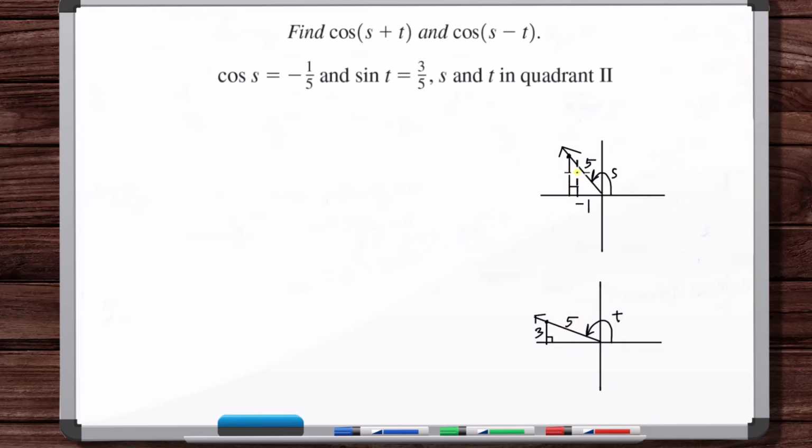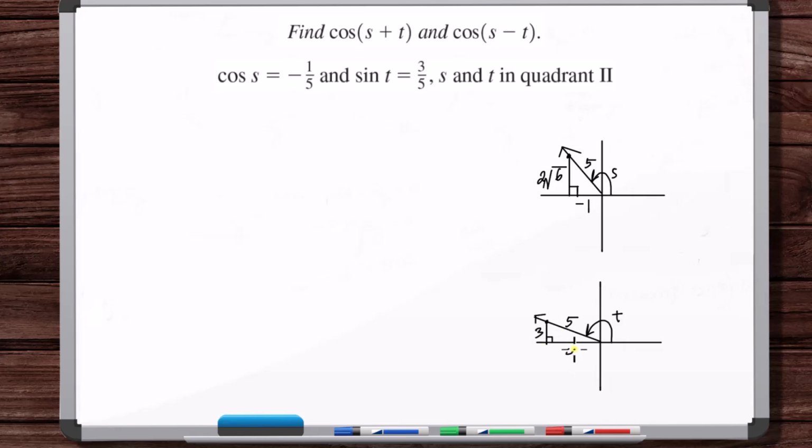Okay, so now let's find these missing side lengths. 25 minus 1 squared, so that's 24. Square root of 24, so let's see, 6 times 4 is 24, so 2 root 6. All right, now here we've got 25 minus 9 is 16.